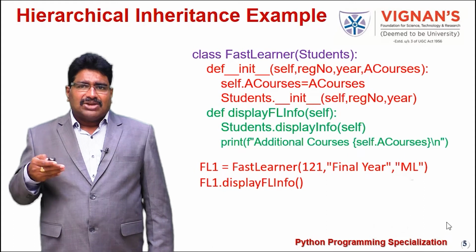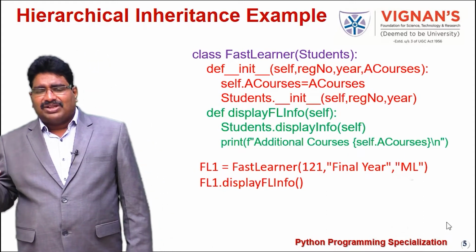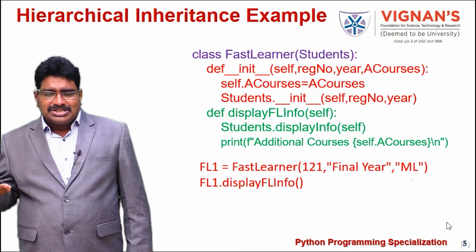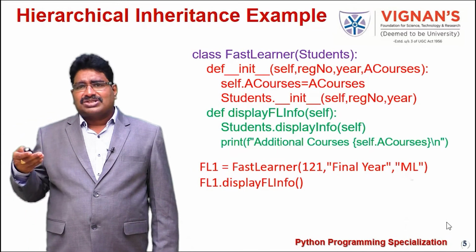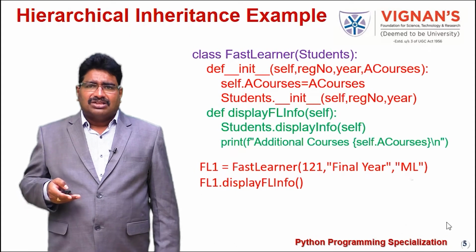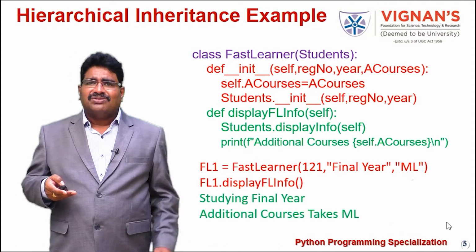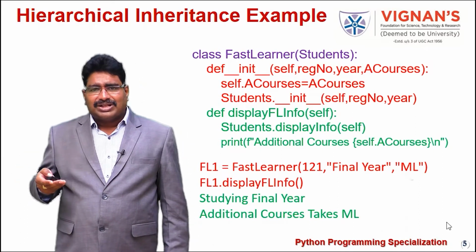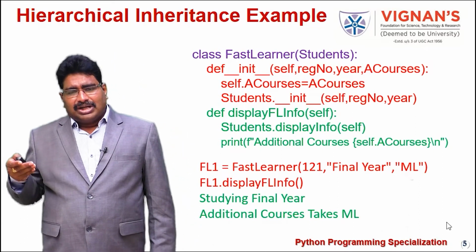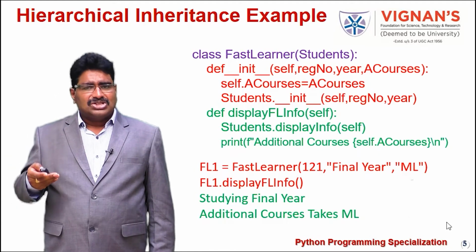Now we display FL1 dot display FL info, which displays that the student is studying in the final year and the additional course is ML. The output is displayed as studying final year and additional course takes machine learning. I hope you clearly understand how to derive the fast learner from the student class.